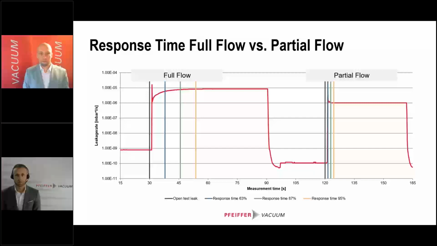In the full flow, you consider only the suction speed of the leak detector, let's say 4 liters per second. And in the partial flow, you add 20 liters per second in addition. So you have a total suction speed of 24 liters per second, which is a factor of 6 higher. So the response time is also roughly a factor of 6 shorter. That's the reason. You have the same volume you evacuate, but a much higher effective suction speed, which reduces the time needed to reach the same response level.